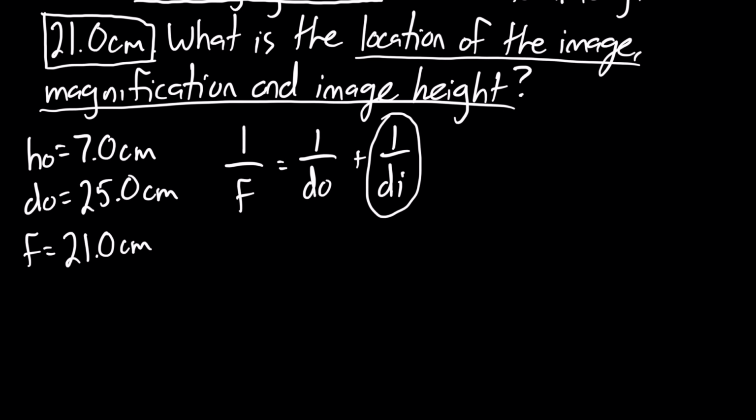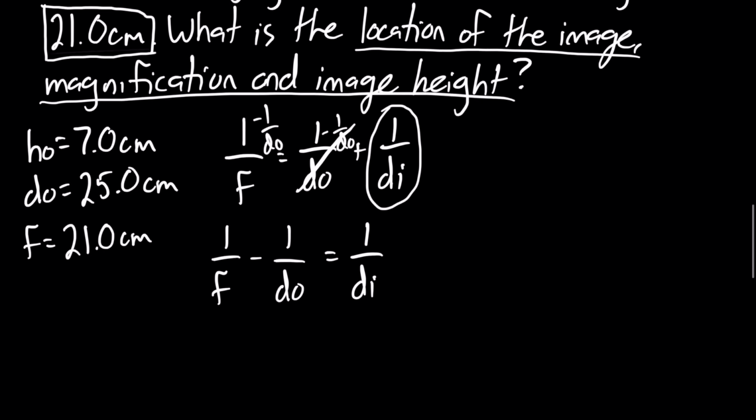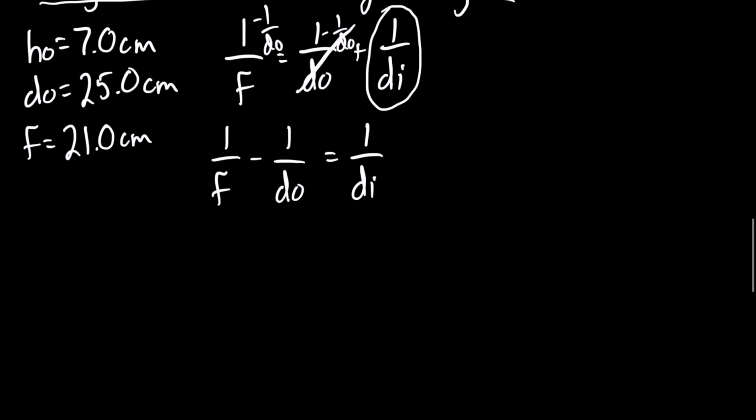First we'll subtract 1 over DO from both sides. We'll end up with a new formula: 1 over F minus 1 over DO will equal 1 over DI.